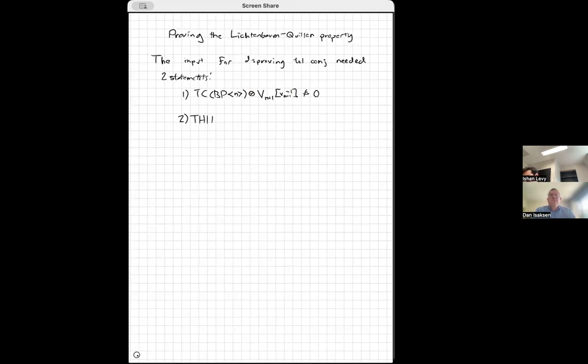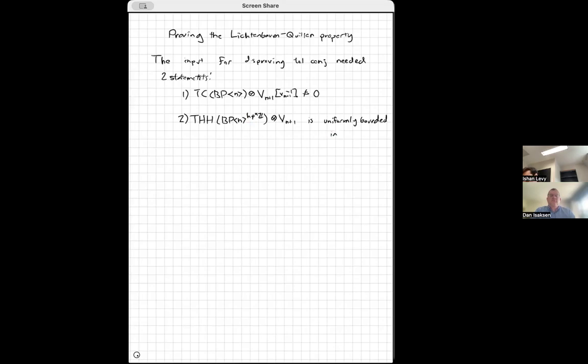So we wanted to know that THH of BPn, when you take the fixed points by some subgroup of the Adams operations acting on it, and you tensor with the type n+2 complex, that this is uniformly bounded in the t-structure on cyclotomic spectra.